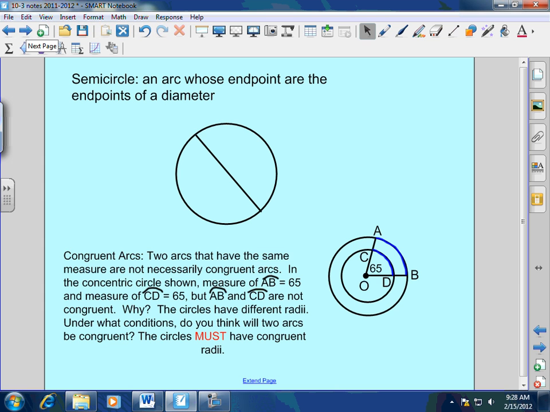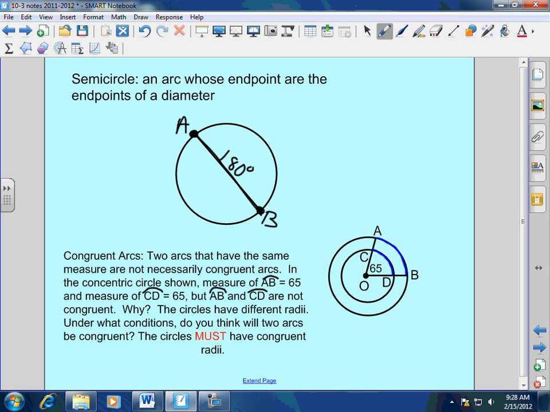Okay, now, let's talk about semicircles real quick. A semicircle is defined as an arc whose endpoints are the endpoints of the diameter. We know already the degree measure of a straight angle. So the measure of this line here, let's call this AB, would be 180, very good.